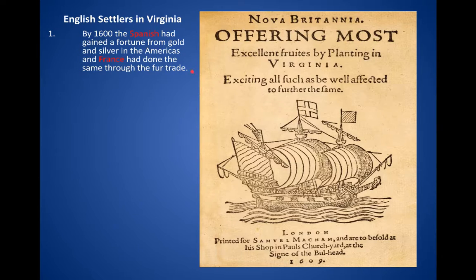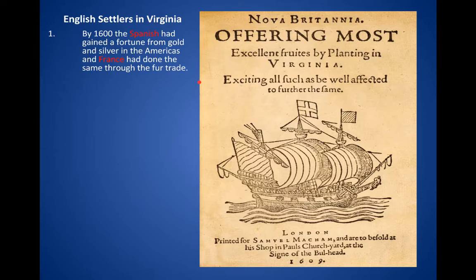So the Spanish and the French were a lot more successful right away, gaining wealth and riches off of the Native Americans and off of the land of this new world.